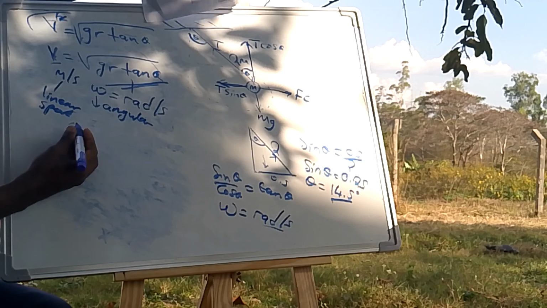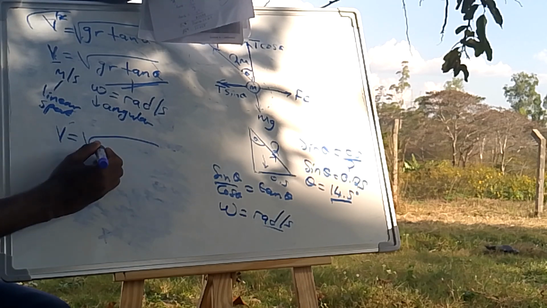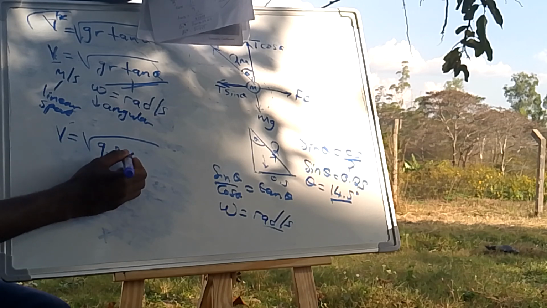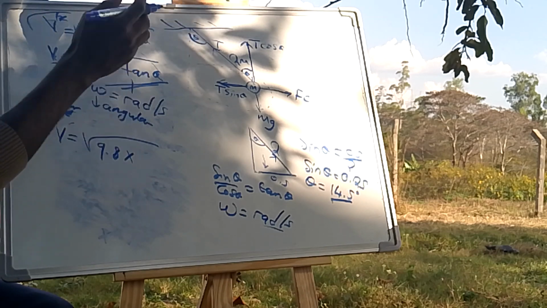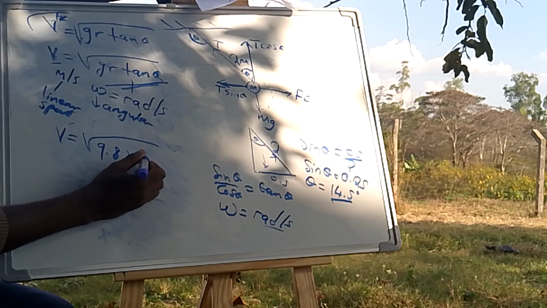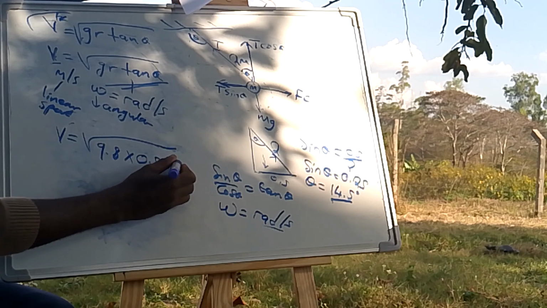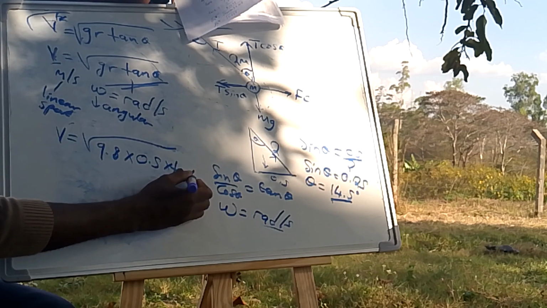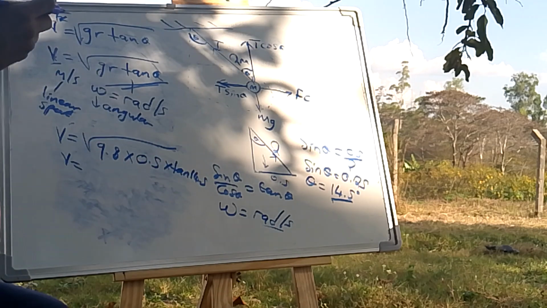So now we are going to have V equals the square root of g. We know that g is 9.8, times R. We are given radius as 50 centimeters. We converted to meters, 0.5, times tan theta, meaning tan 14.5.